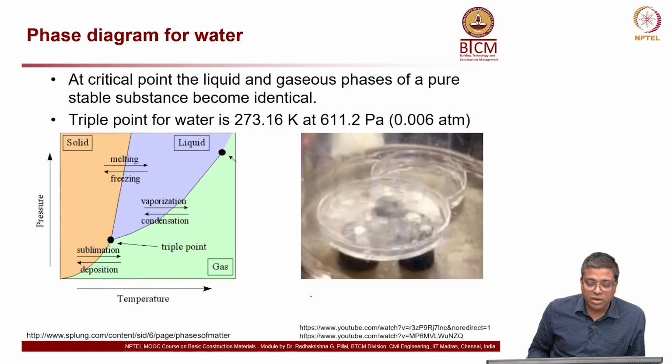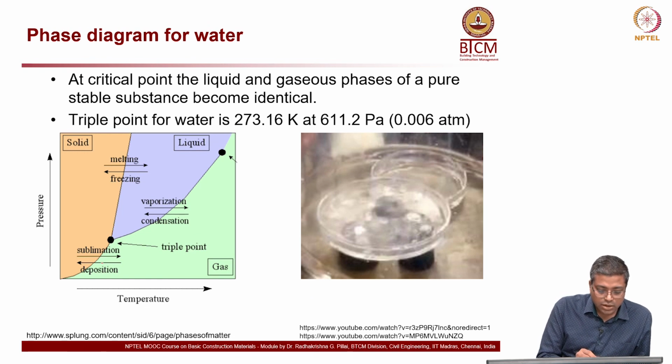We will very briefly talk about the phase diagram for water. This is how it typically looks, and you can see there is an orange region, a purple color region, and then a green color region. One is for solid, then liquid and then gas.